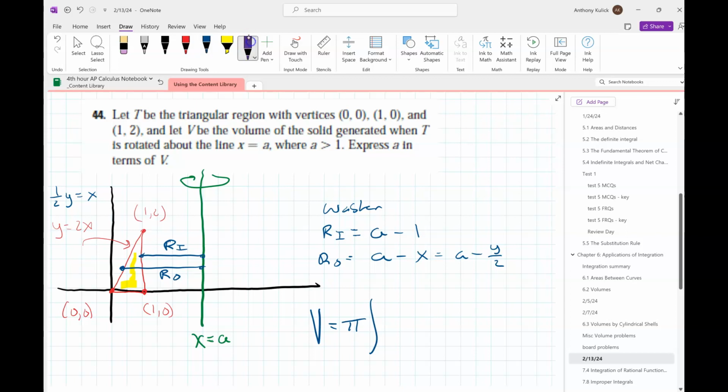Well, we're doing slices this way, right? Yes. 0 to 2. And then we have our outer minus our inner.